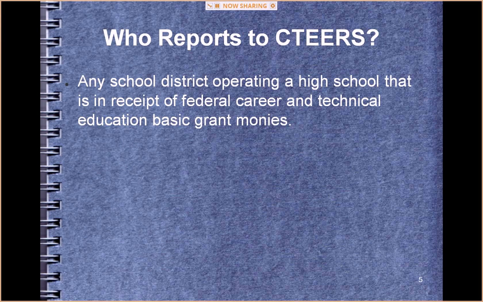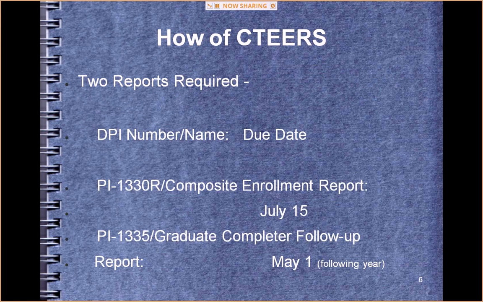Who reports to CTEERS? Any school district operating a high school that is in receipt of federal career and technical education basic grant monies. The how of CTEERS. There are two reports within CTEERS.